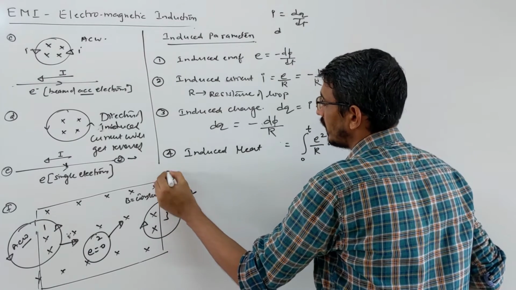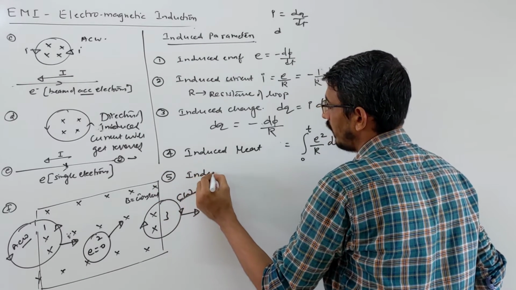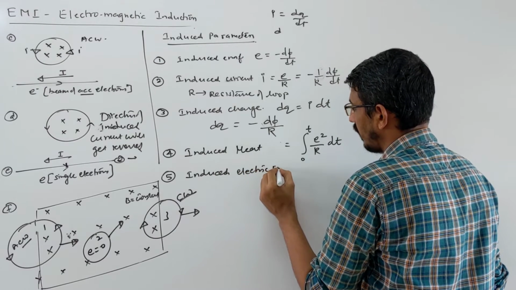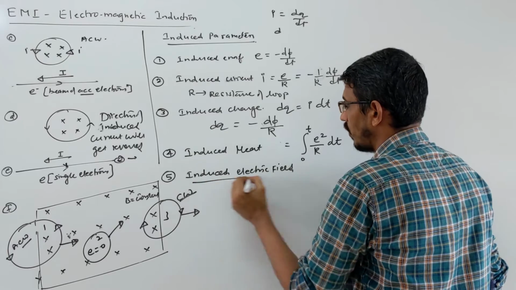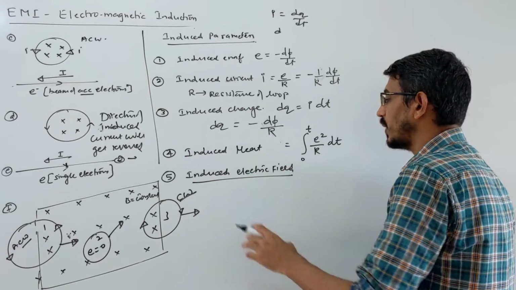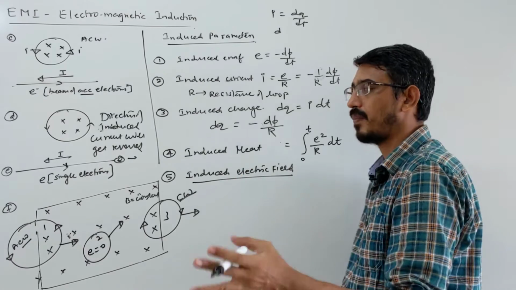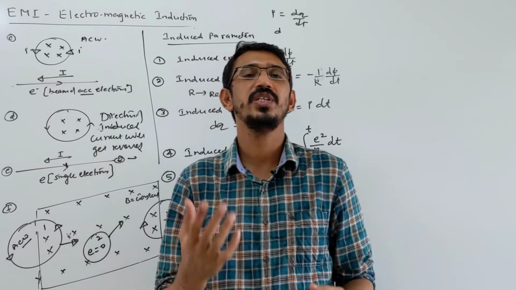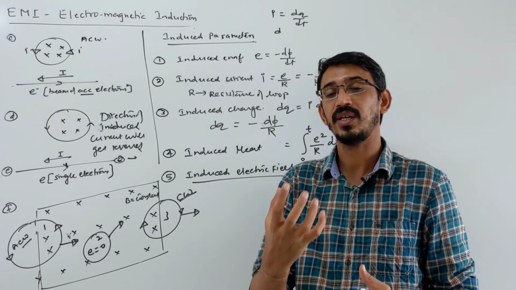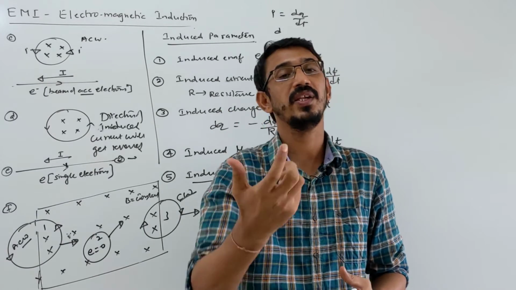And one more thing they ask here, this is called induced electric field, and this is also called Faraday's law. So induced electric field is what? When magnetic field is changing, magnetic flux is changing, this changing magnetic flux will induce an electric field also.